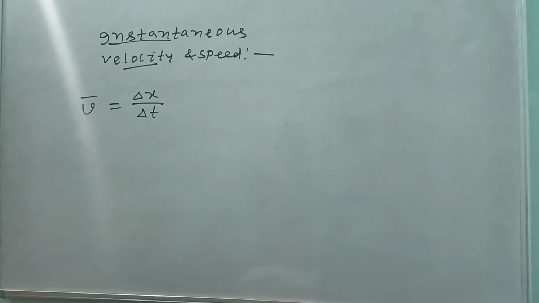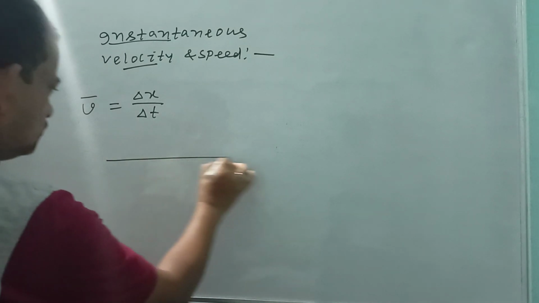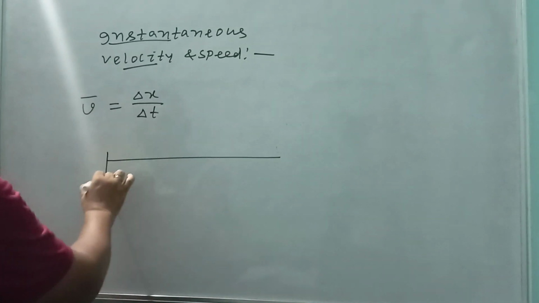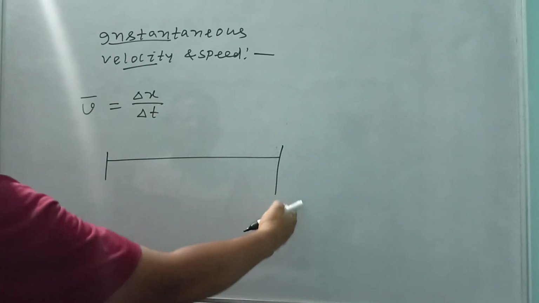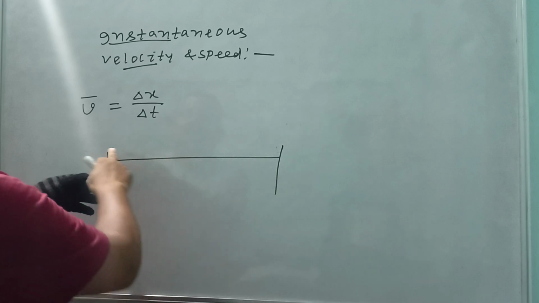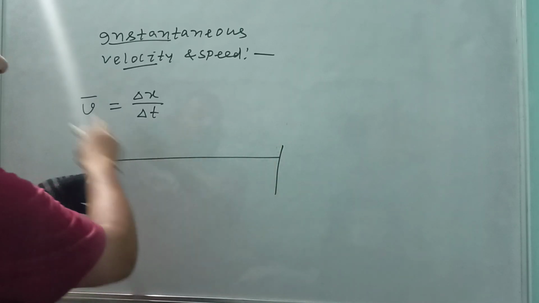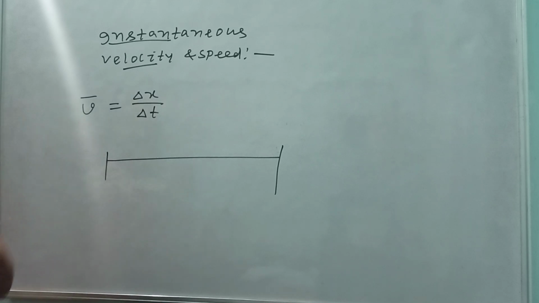If the time interval is very small, like that, suppose here is a position, here is a position, suppose this time interval is big, delta t, then what velocity you are calculating, that is average.